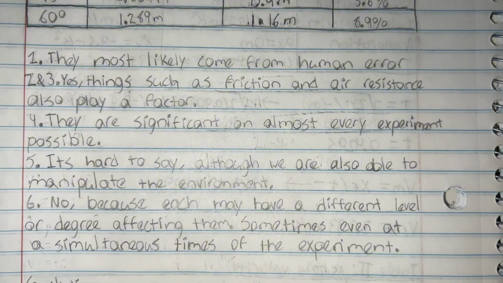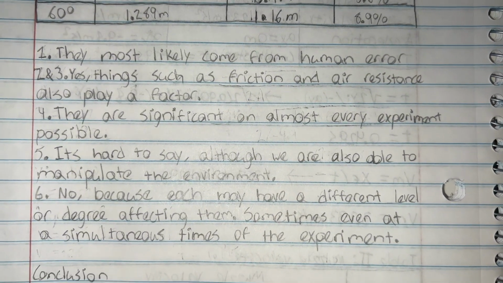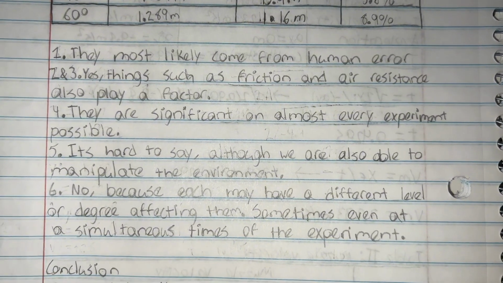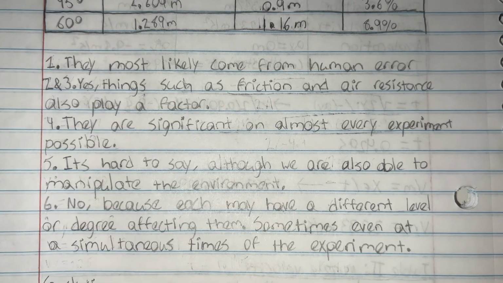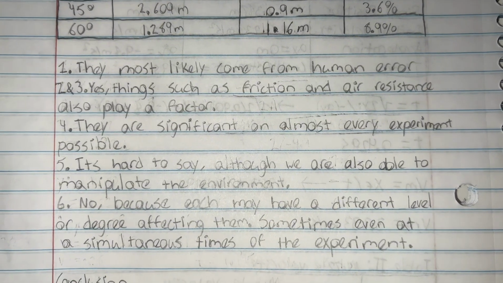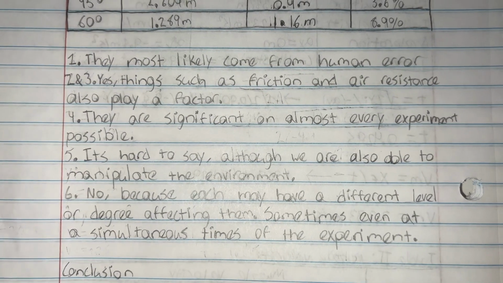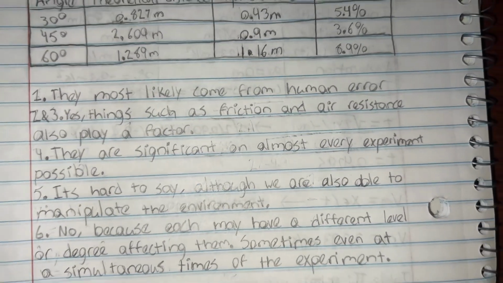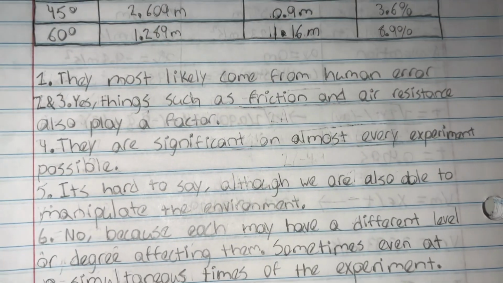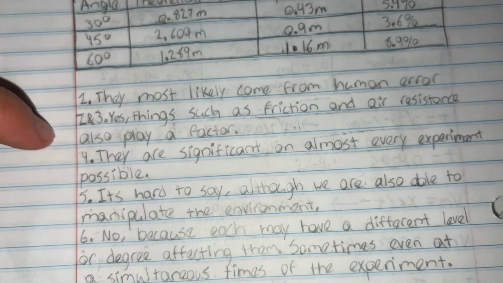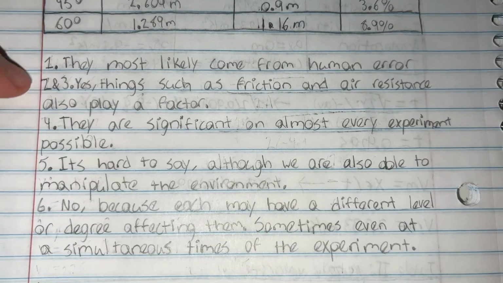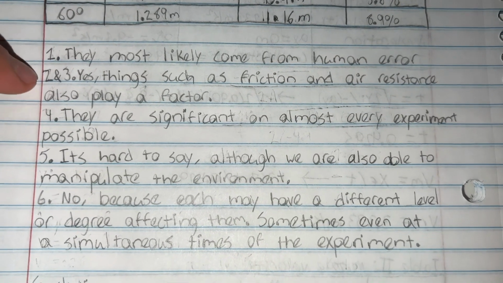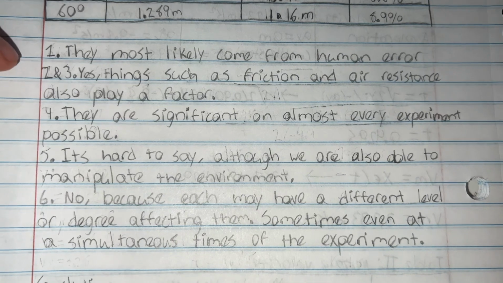But the most significant factors would most likely be friction and air resistance with the balls, and when they touch the paper, and just the distance. That's why all the distances are different from these values right here, which most likely play a factor with air resistance and friction. They don't play the entire role, but these are factors that do contribute to that.